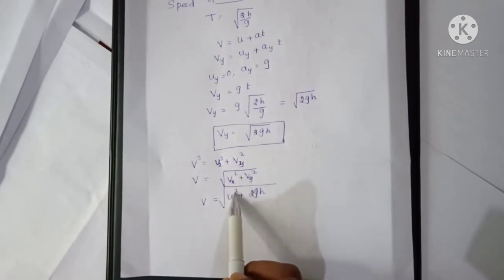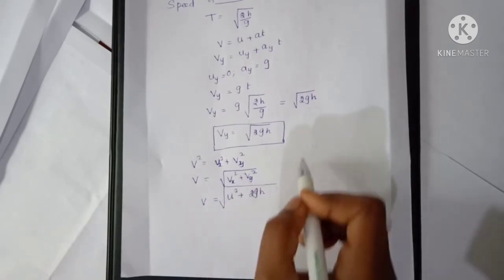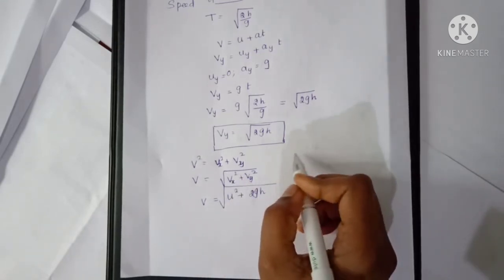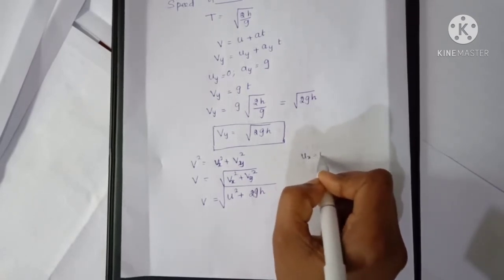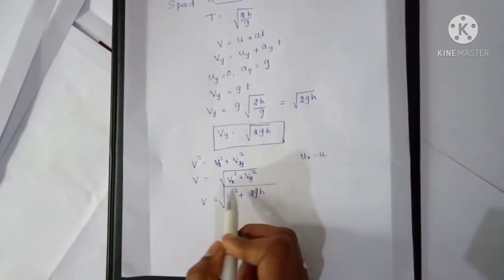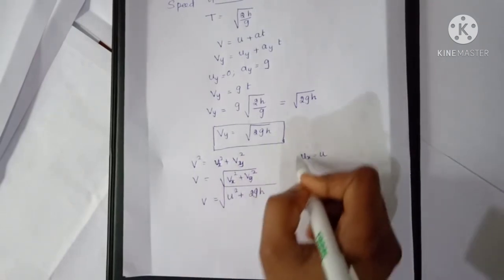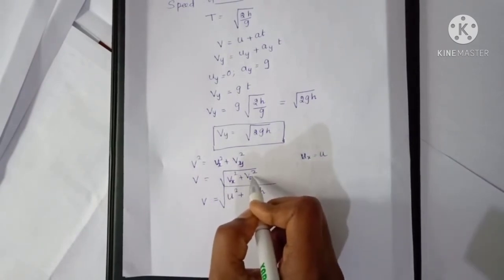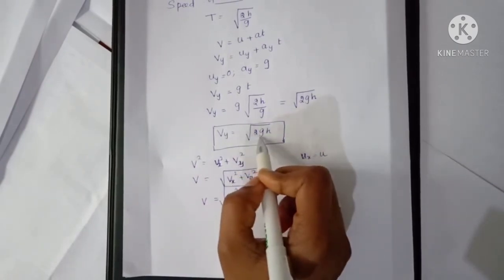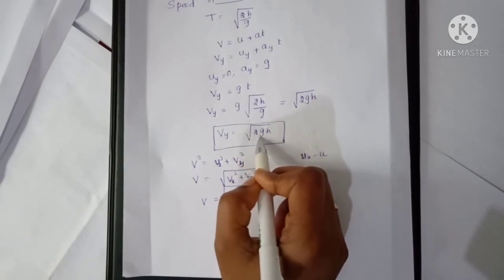Here vx is equal to u along the x axis, and vy is equal to square root of 2gh.